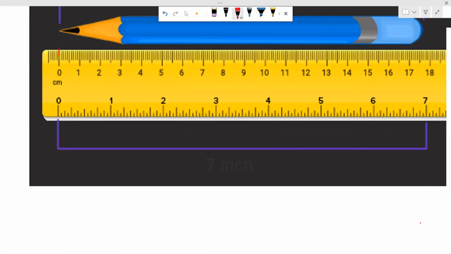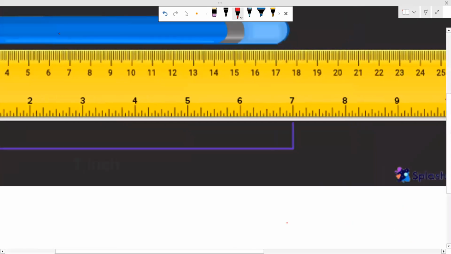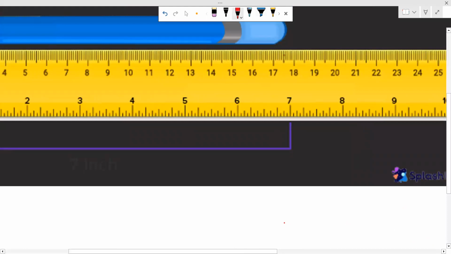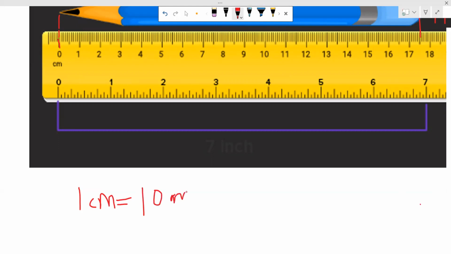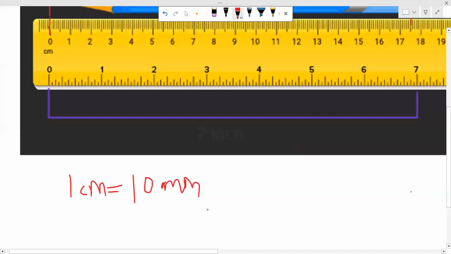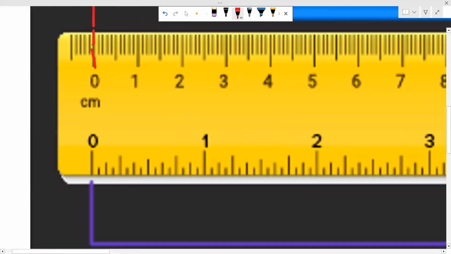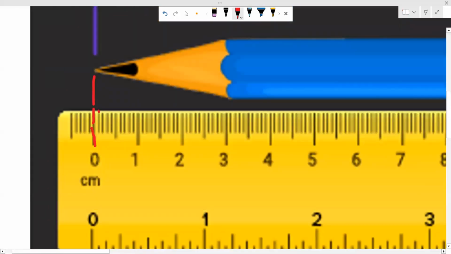Then measure the length of the pencil. 1 centimeter is equal to 10 millimeter, so these small divisions are 0.1 centimeter.